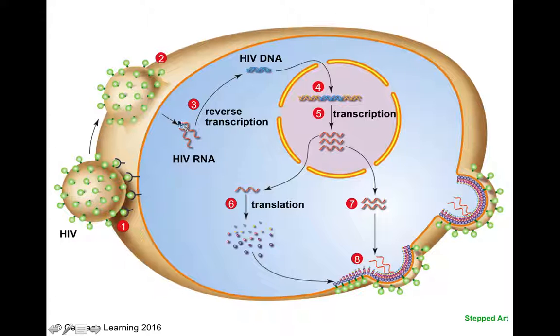So if you like it with numbers, the RNA reverse transcription to HIV DNA, which goes into the cell's nucleus, transcribes RNA that the HIV virus needs. It also translates the proteins that it needs to make its super cool envelope and capsids, and then those two come together in what's called assembly and release, just like the other virus that I've showed you does.